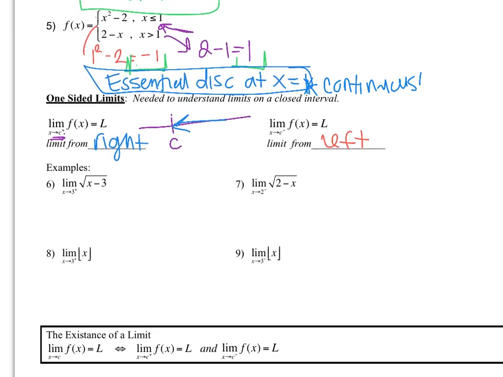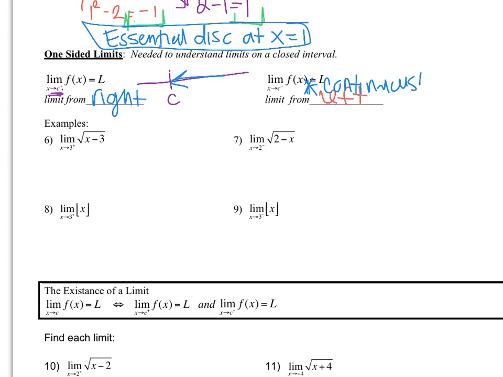In example 6, we're looking at the function the square root of x minus 3. We can't simply talk about x approaching 3 in general, because this is a square root function, and this minus 3 indicates that the entire function has been shifted to the right 3 units. So we've got this graph, if you remember what the square root functions look like.